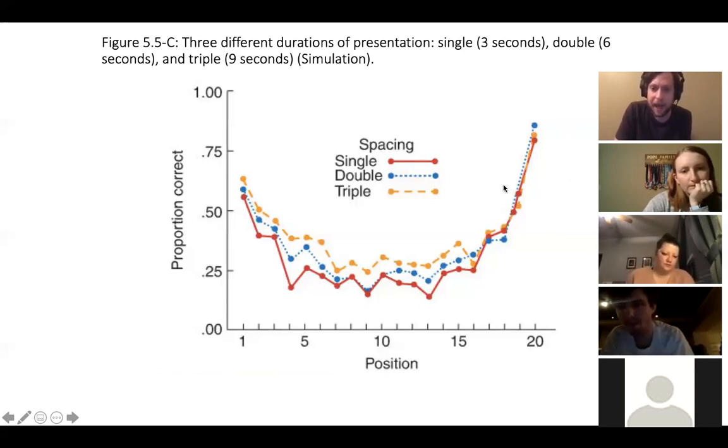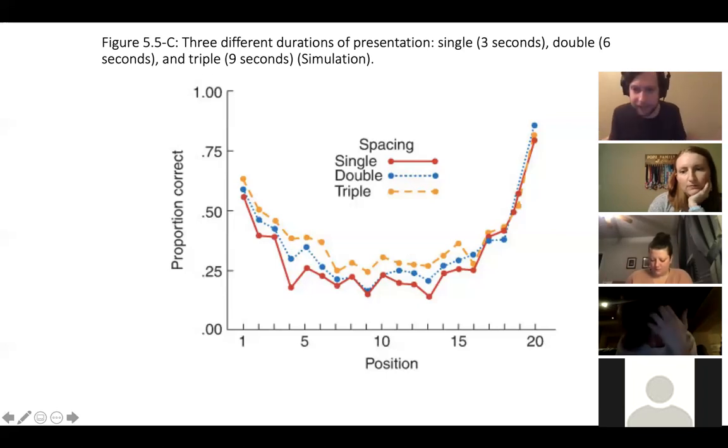Having really slow speeds does not help your recency effect, but it does help your primacy effect. When things are said slowly, that boosts your primacy effect, but it does not, and that's important, have an influence on your recency effect.